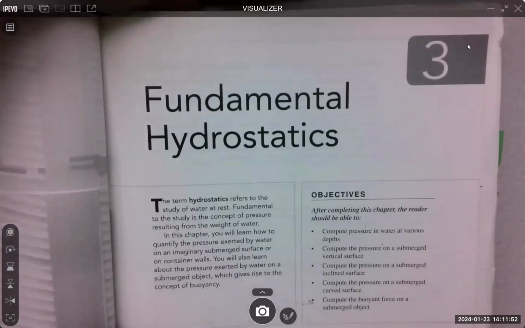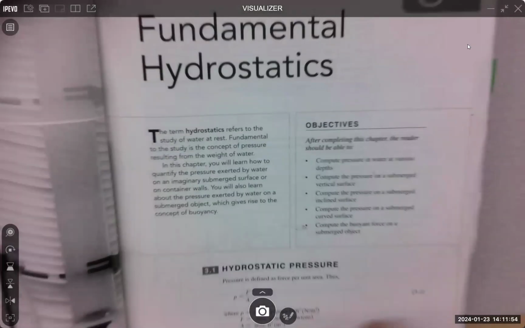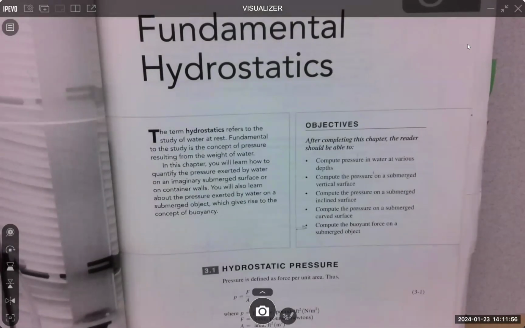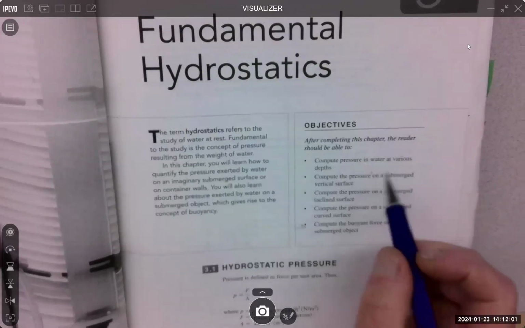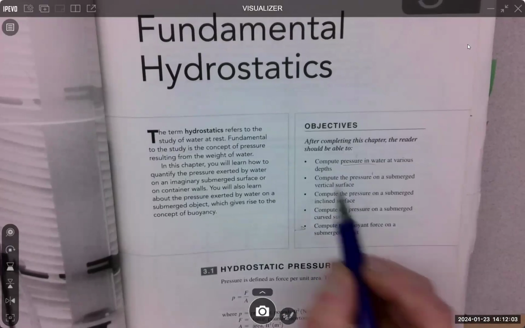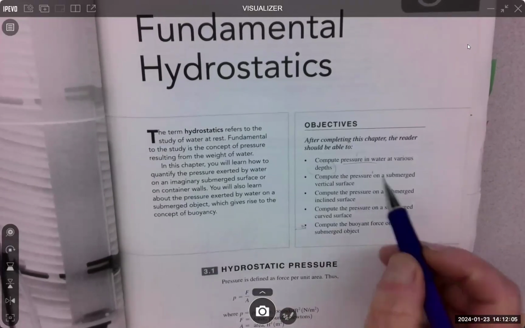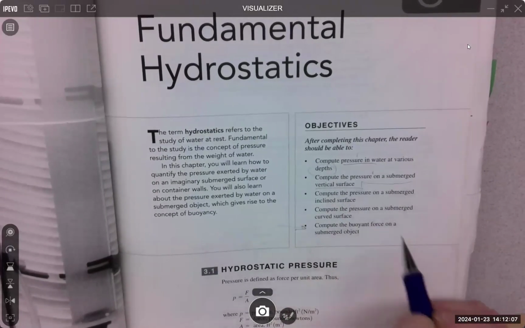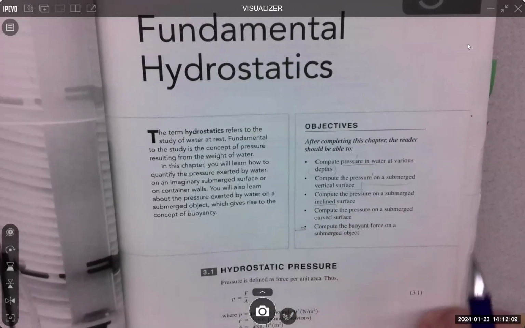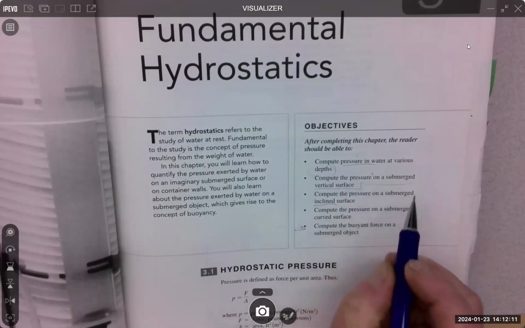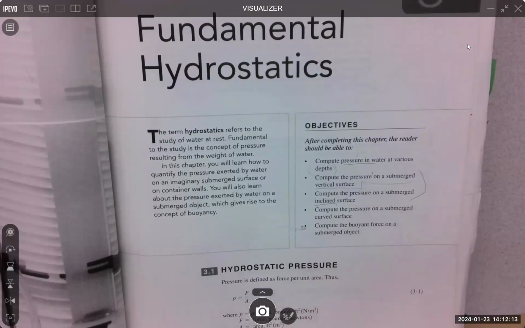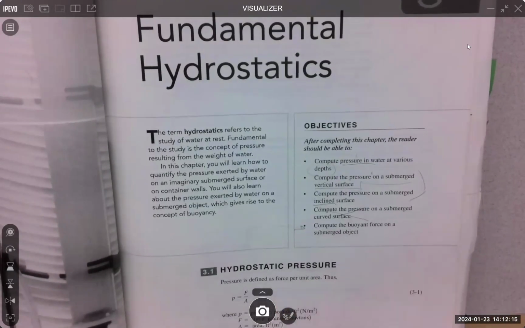Fundamental hydrostatics. So in this chapter, we are going to do pressure. We'll start with just regular fluid pressure at various depths. And then we're going to do submerged vertical, submerged inclined, and submerged horizontal, which they don't list in here. We are not going to do curved surfaces.